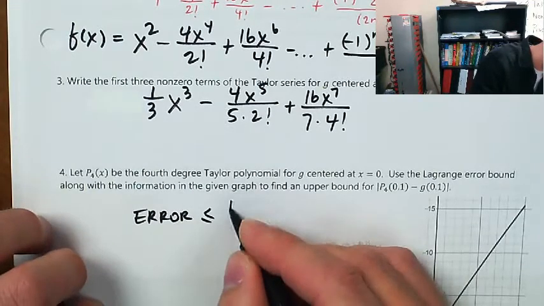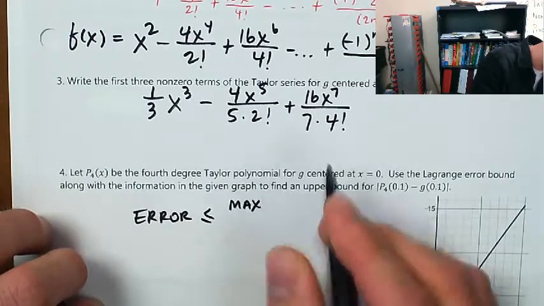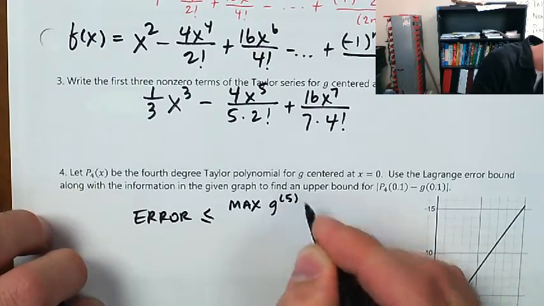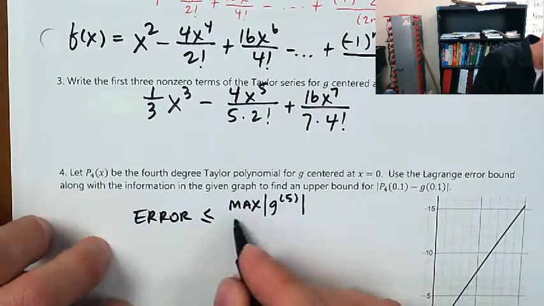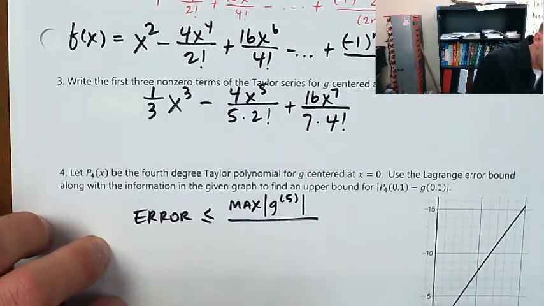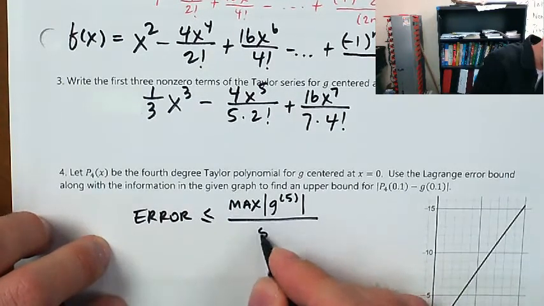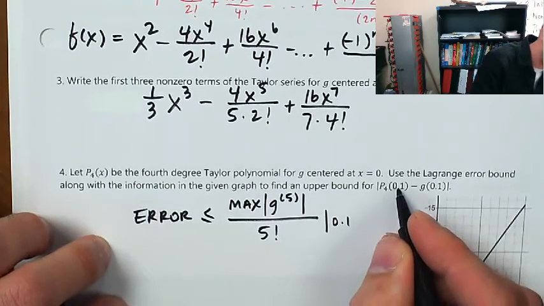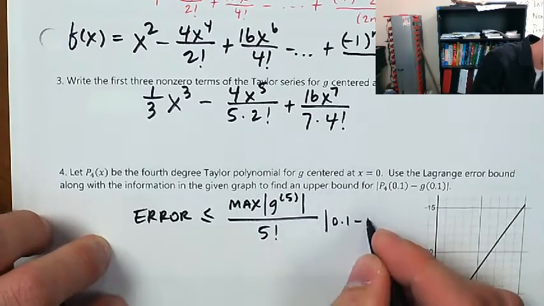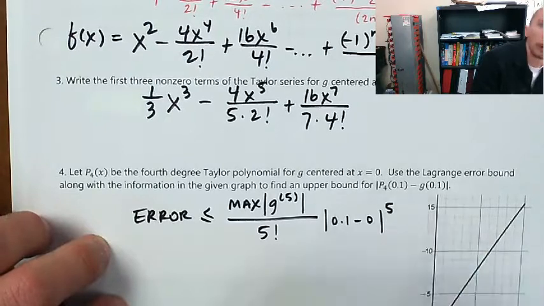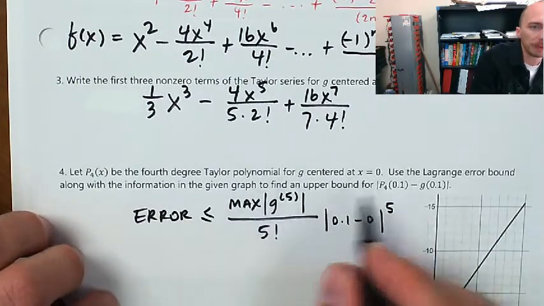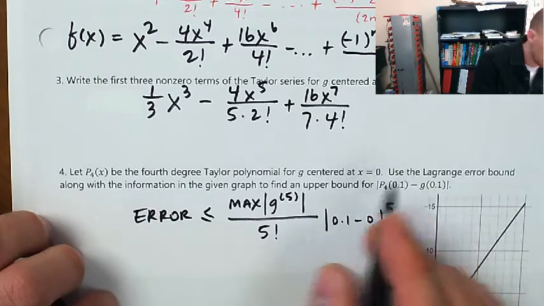It's the maximum of the absolute value of g's fifth derivative, divided by 5 factorial, times the absolute value of 0.1, the value I plugged into the polynomial, minus 0, the centering x value, to the fifth power. And we're interested in the maximum value of g's fifth derivative between x equals 0 and x equals 0.1.